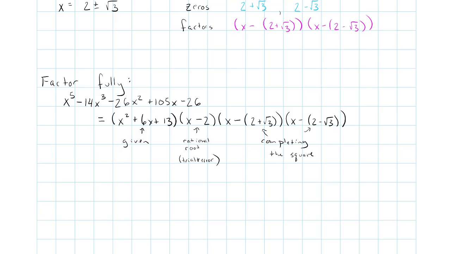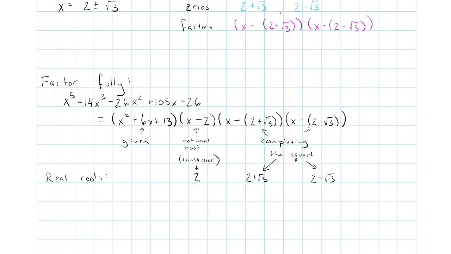So this is the fully factored form, and the real roots are 2, 2 plus root 3, and 2 minus root 3. Again, we found 2 through trial and error, and then we found the last 2 by completing the square.